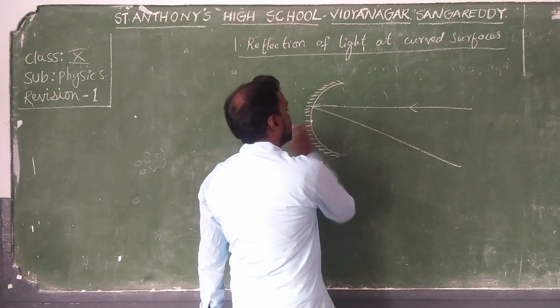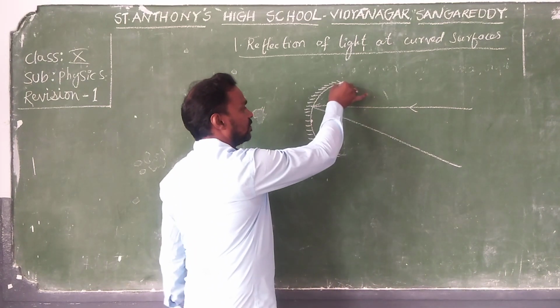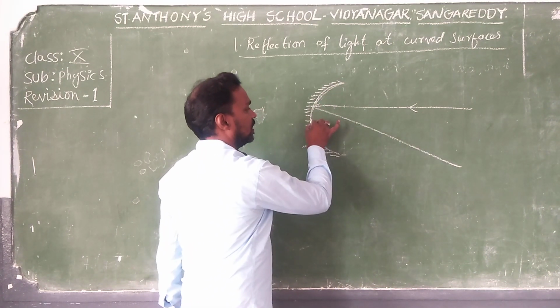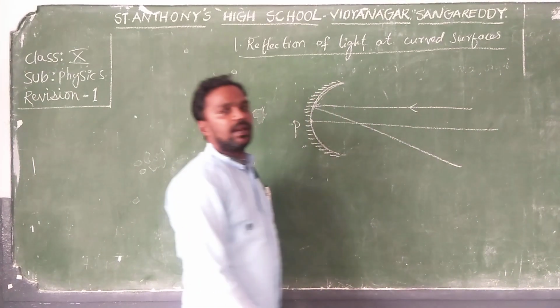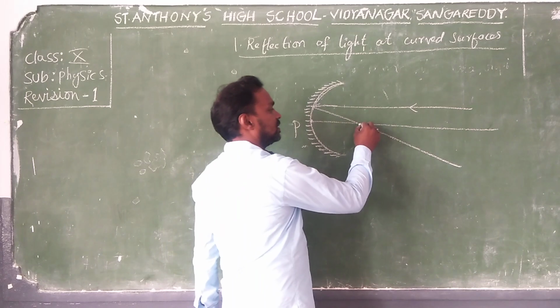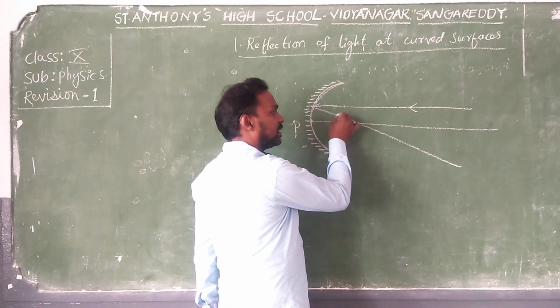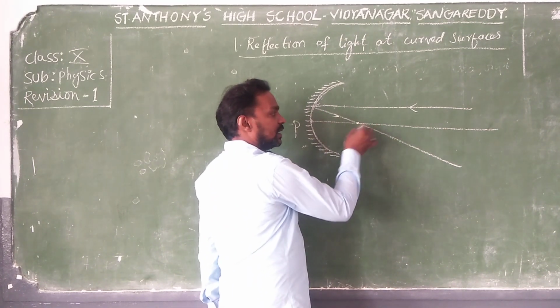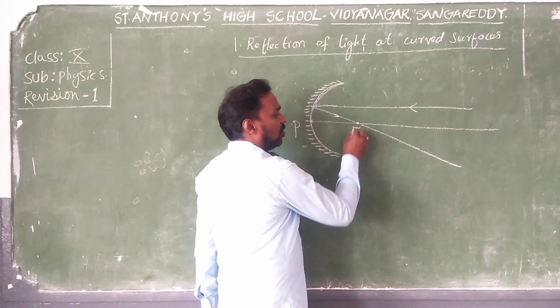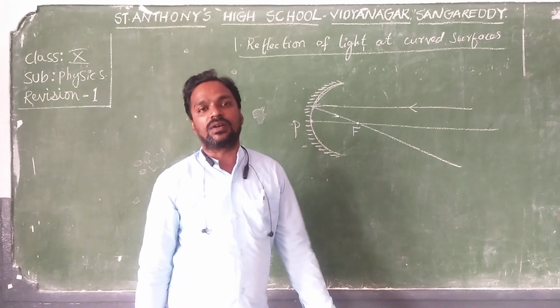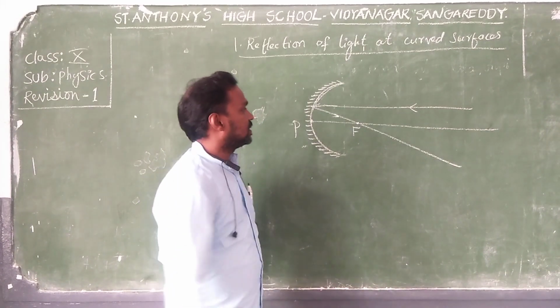The geometric center of this total curve is called the pole. If I draw a line from the pole, that is called the principal axis. The point where the reflected ray intersects the principal axis is called the principal focus.